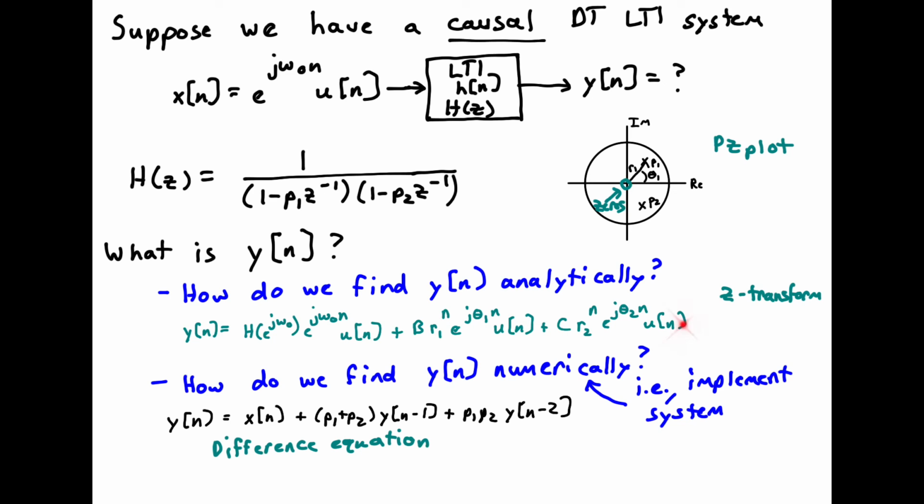If we had more poles, that would just add more terms here. And so it would further affect the transient response and how long a transient response we would expect to see. And it would also affect how many delays we would see in our difference equation implementation.